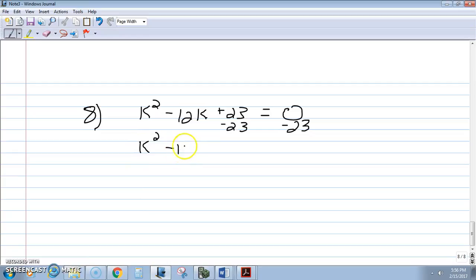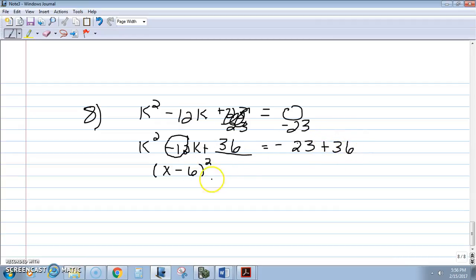K squared minus 12k plus, I need a blank spot, and this is canceled now, right? Equals negative 23. Half of negative 12 is negative 6. I'm going to go ahead and just put this down here so I don't forget, so I don't have to write it on the side, squared. And negative 6 squared is 36. And I added 36 to this side, so I have to add 36 to this side. So 36 minus 23 really is 13.